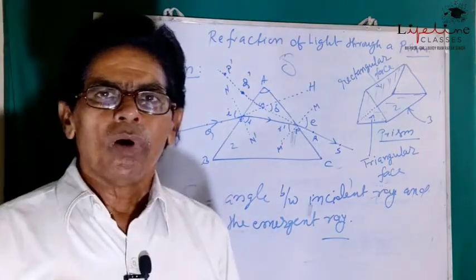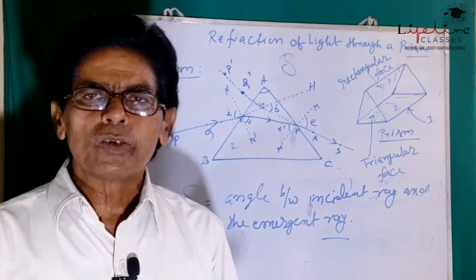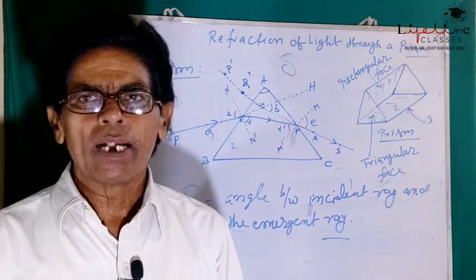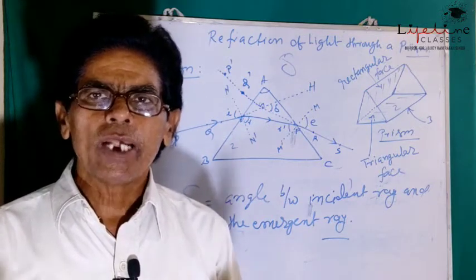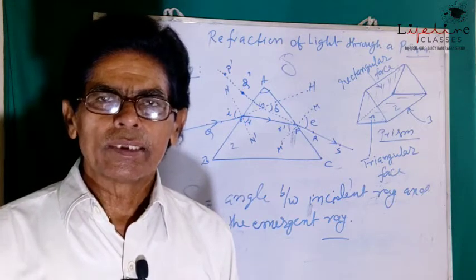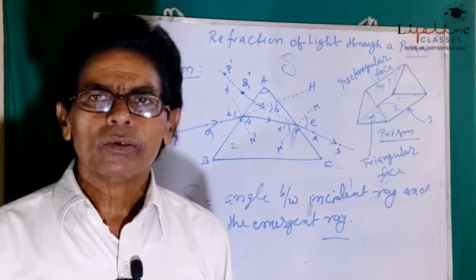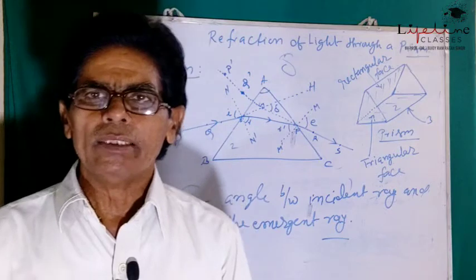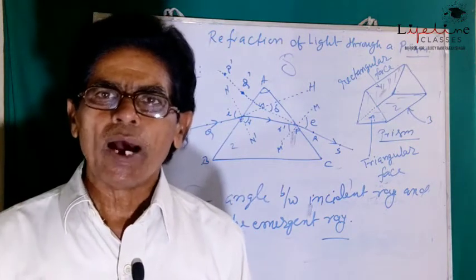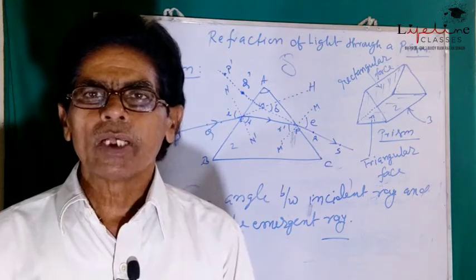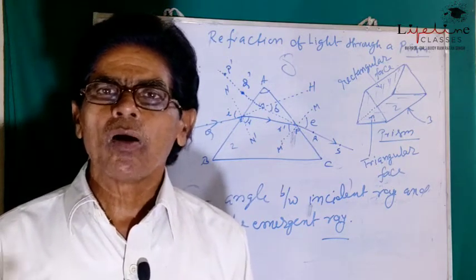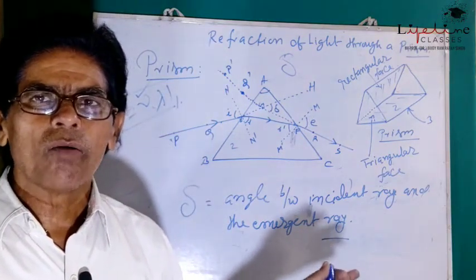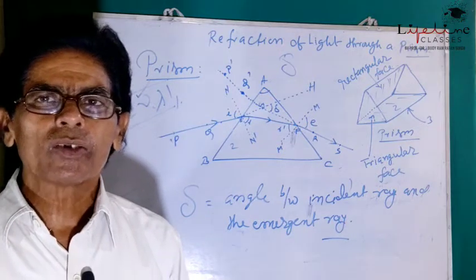So for the difference in the angle of deviation of different components, a band of colors gets arranged according to their wavelengths from red to violet, and this observation is known as dispersion of light. The phenomenon of deviation or refraction of light through the prism is called dispersion of light.